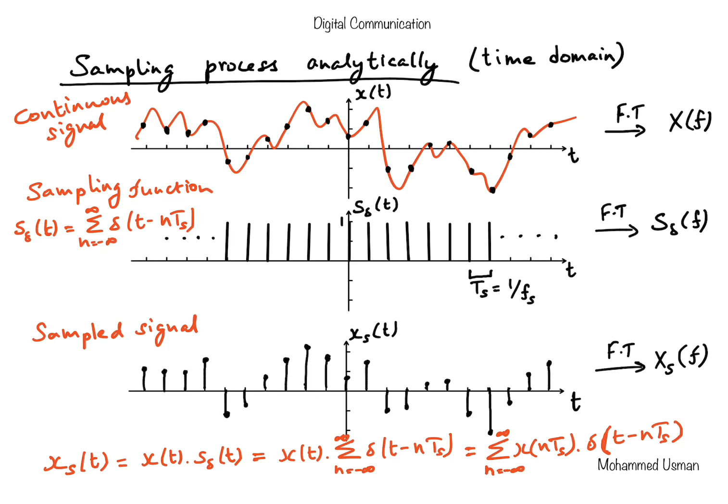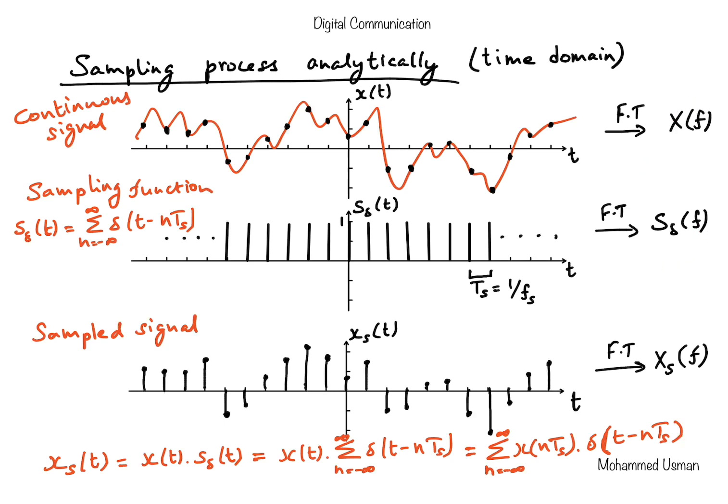Now, rather than obtaining the spectrum of the sample signal by taking the Fourier transform of the sample signal itself, we could proceed by obtaining it using the spectra of the original signal and the sampling function.